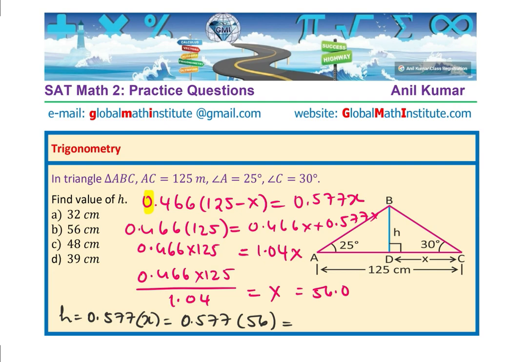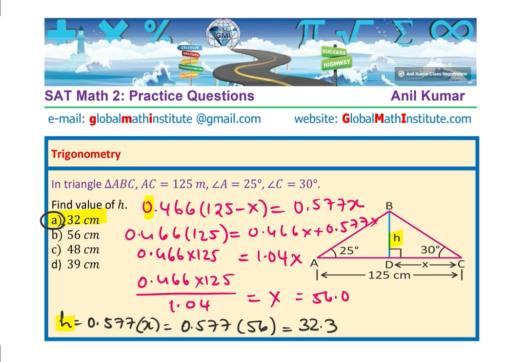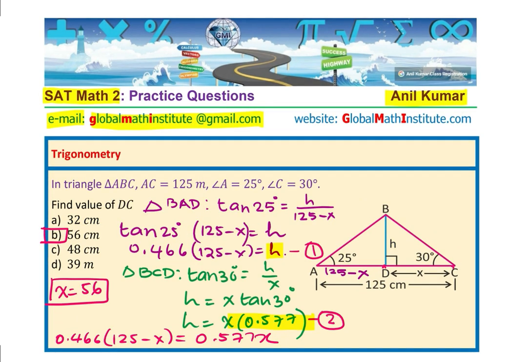We get 32.3, approximately equal to 32, option A. So the height is 32 centimeters. Once we find the value of X, we can easily find H using tan theta. And in the first case, we found the value of X as 56 centimeters.